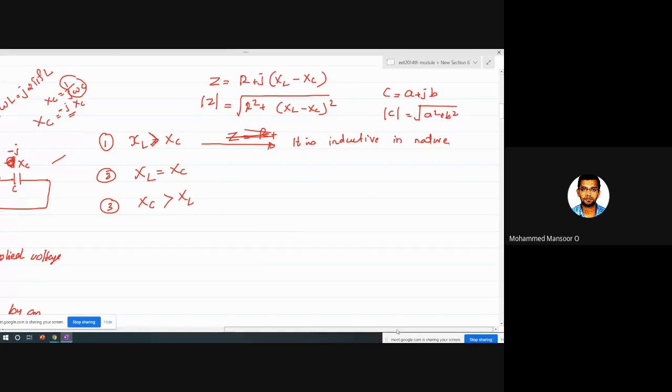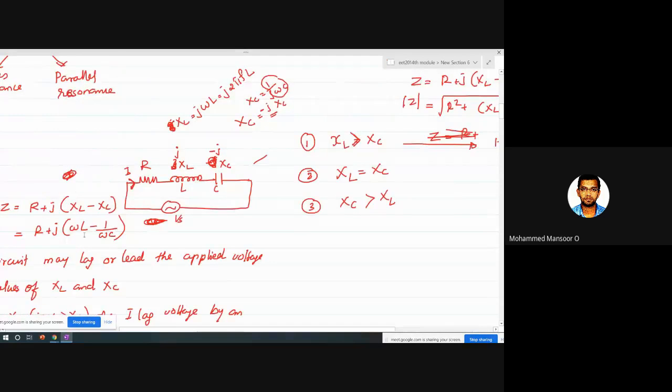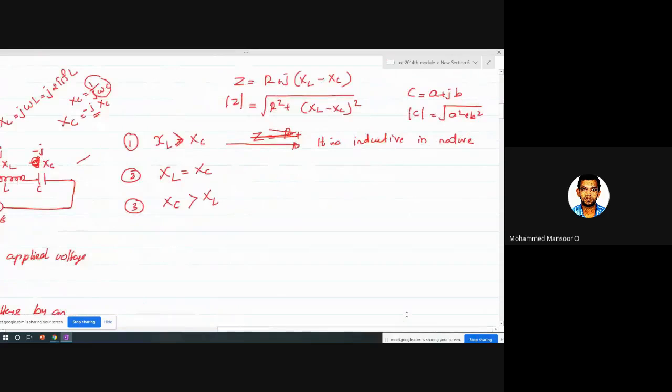Because in this impedance, XL is more. So part of it cancels. It is equivalent to R plus jXL, isn't it? The XL value is reduced compared to the earlier one. So some reactance and resistance is there. So we can say this circuit is inductive in nature.